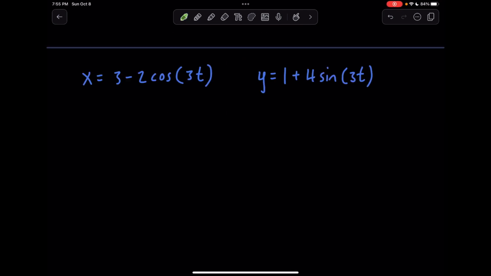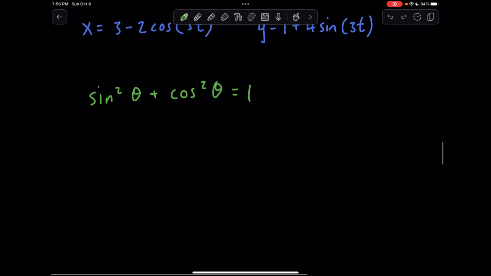Now, let's look at an example where we will use a trig identity. We know that sine squared theta plus cosine squared theta is equal to 1. So let's write our x equation and our y equation in terms of a sine and cosine expression.